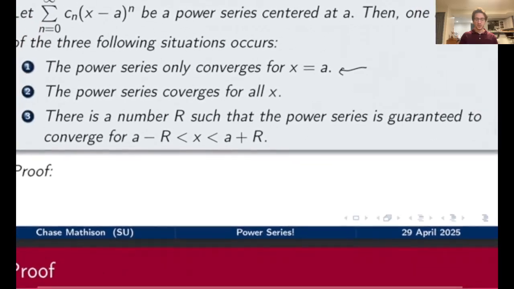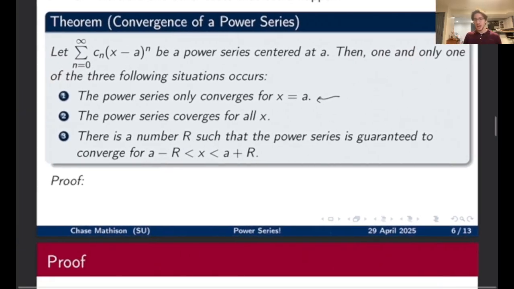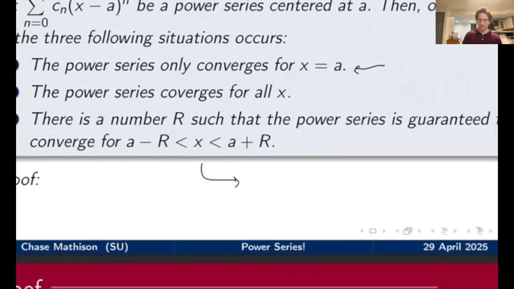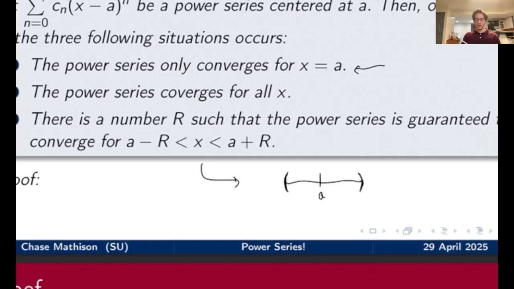And that is the case where there's some number R, capital R, such that the power series converges for a minus R less than x less than a plus R, which looks like an interval centered around x equals a, right? So you're guaranteed that the power series converges for everything between a minus R and a plus R.